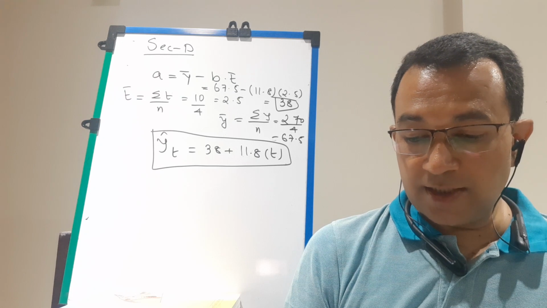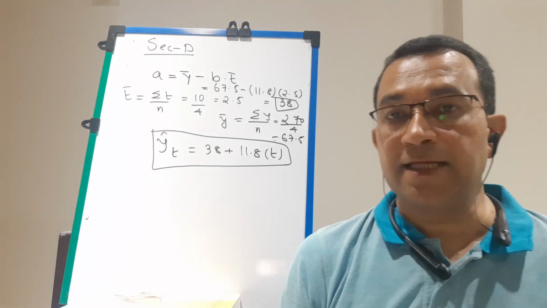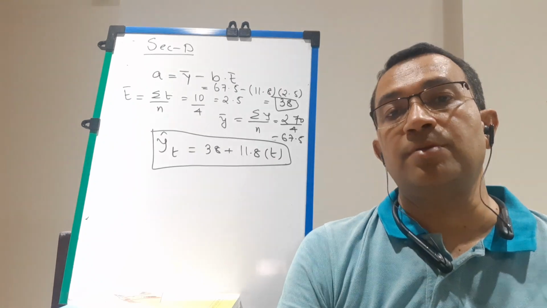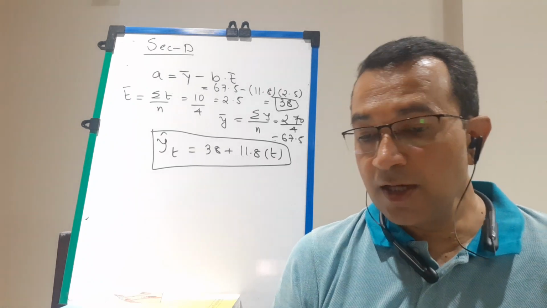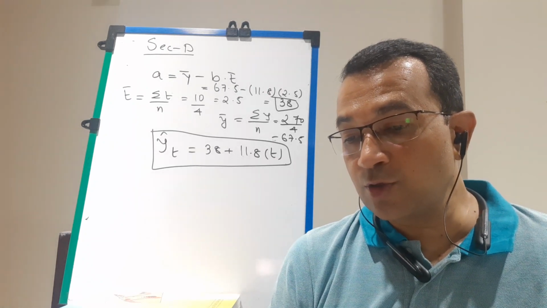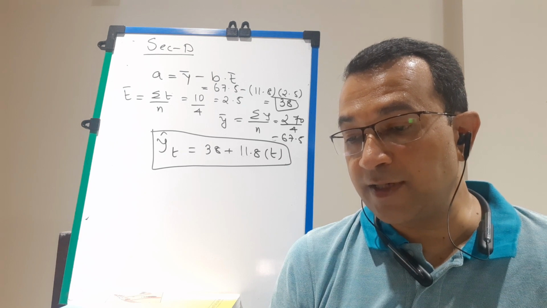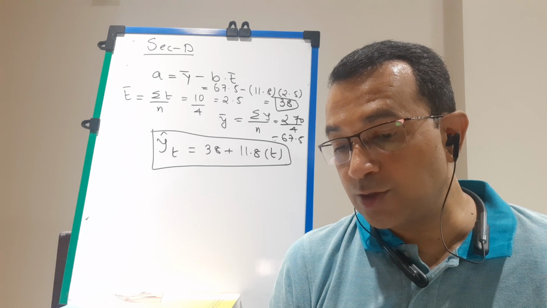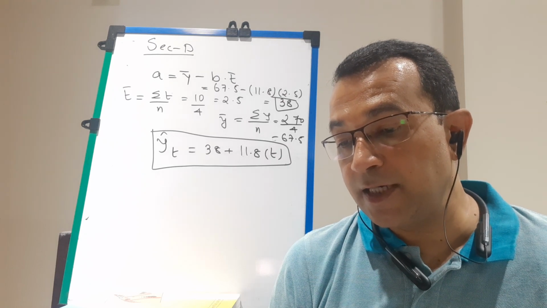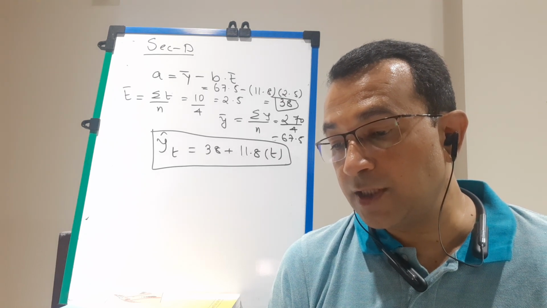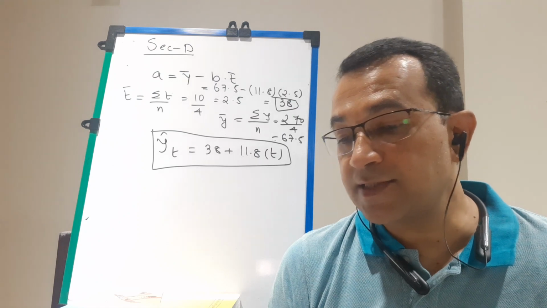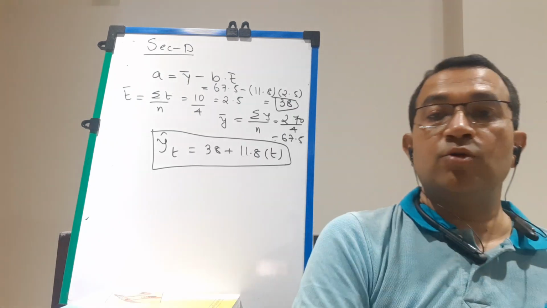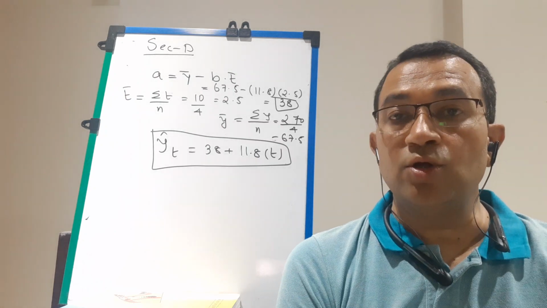Now students, in section E, we have sum number 1. The data about exports in crore rupees of ready-made garments of a textile manufacturer are shown below. Fit a linear trend to this data and estimate the trend for the export in the year 2017. Now students, again I am omitting these steps, you have to write on your own.